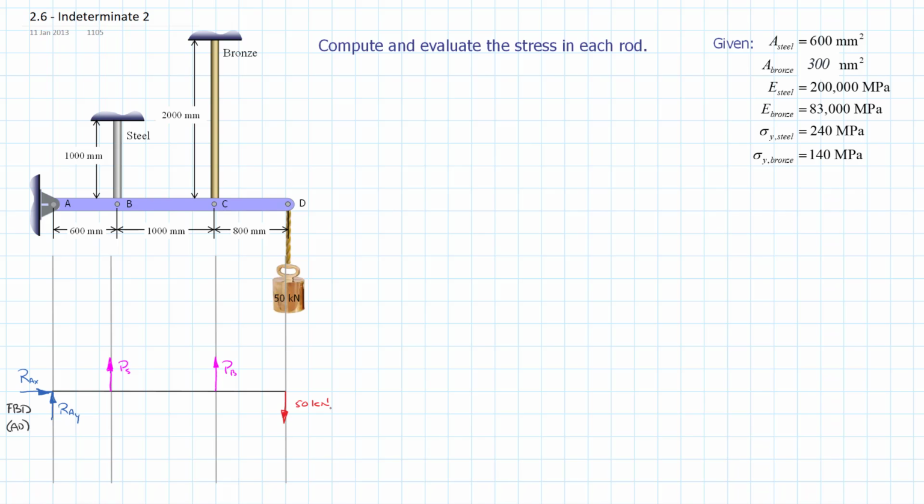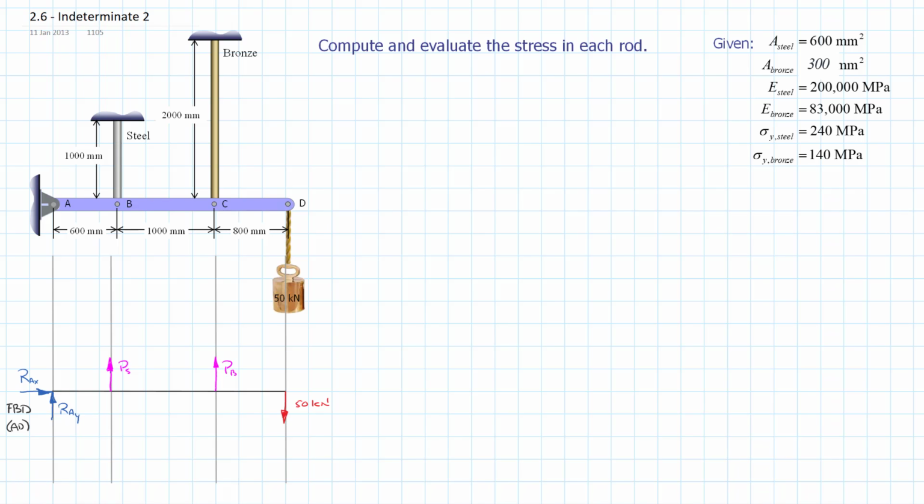So we have our three equations of static equilibrium, sum of the forces in x, sum of the forces in y, and sum of the moments, but we have four possible unknowns: R_AX, R_AY, P sub s, and P sub b. So let's look at the geometry and see if we can draw a relationship between any of these based on the deflections, which is where our compatibility equation comes in.